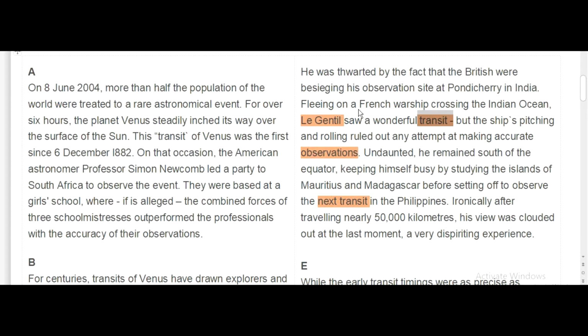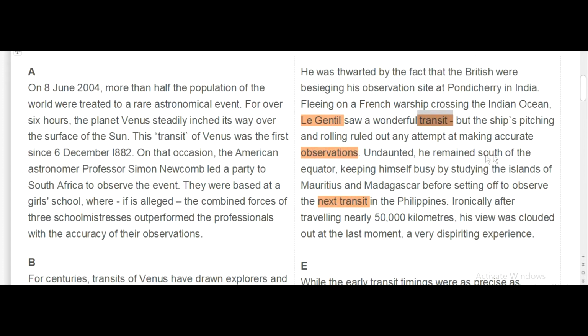Sailing on a French warship crossing the Indian Ocean, Le Gentil saw a wonderful transit, but the ship pitching and rolling ruled out any attempt at making accurate observations. So we know that he saw some sort of transit, but we are not sure that he saw that transit or not. So let's keep reading on.